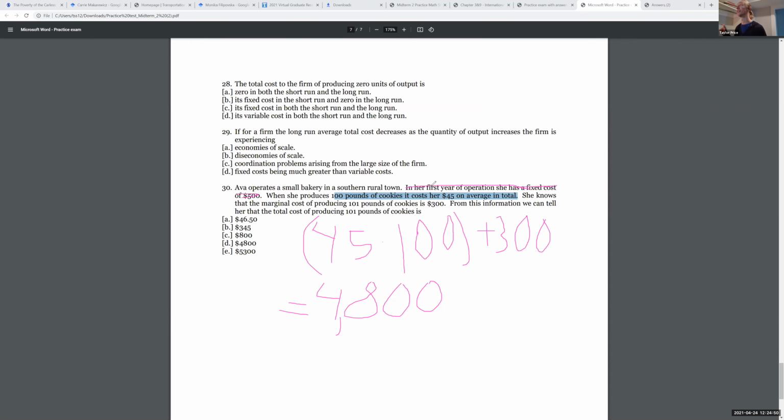So just remember, which I didn't the first time I read this question, that when they say average total or total costs, the fixed costs are already included. This is something I've seen on a couple of exams before, where they try to trick you into thinking that either fixed or variable costs are not included in the total cost. So definitely be aware of that for sure.